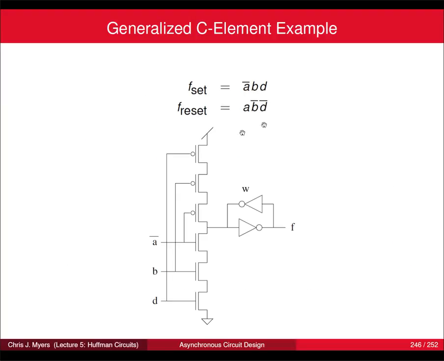So that's where I want to reset, and then I put those in the PMOS stack, remembering that A is actually A barred because these have inversions there. And so this implementation implements that function precisely, hazard-free.